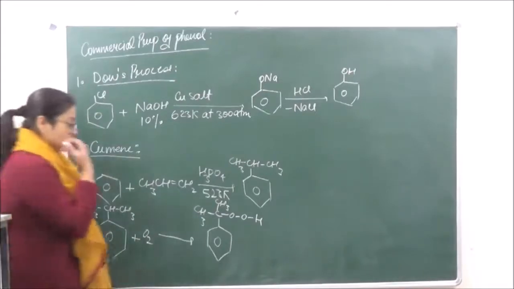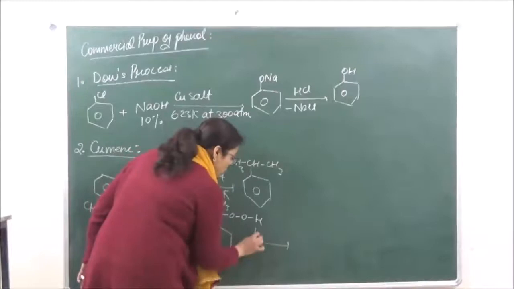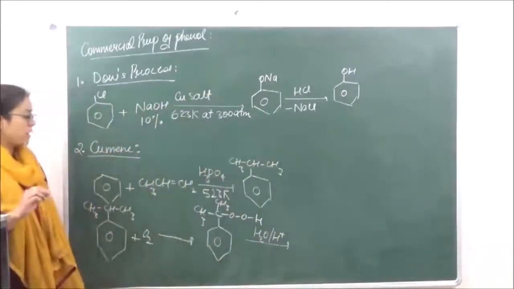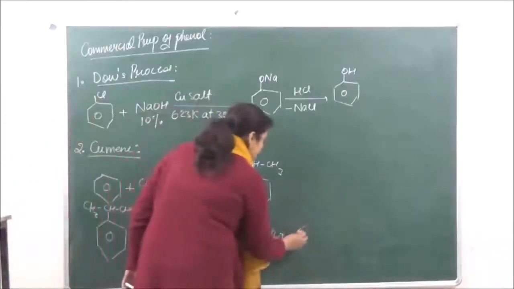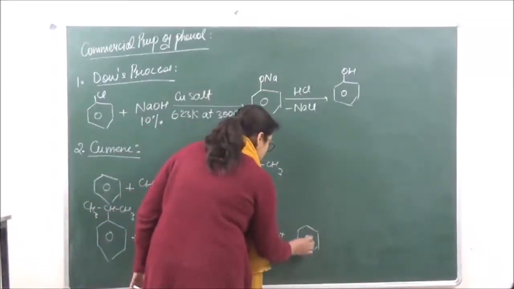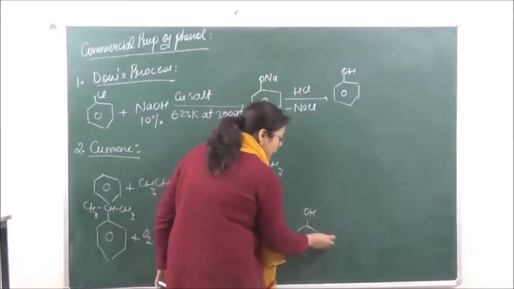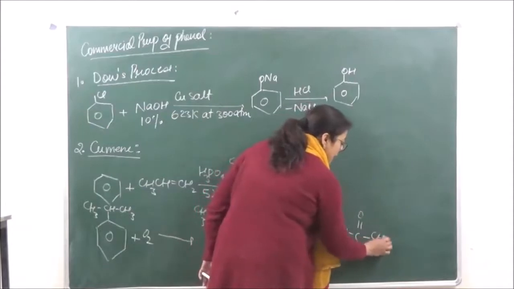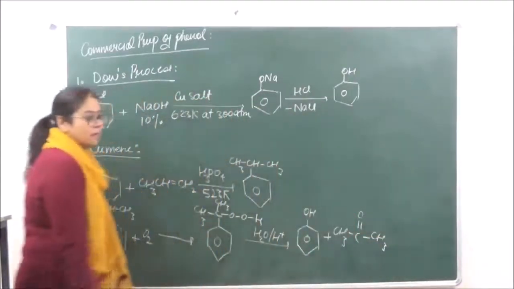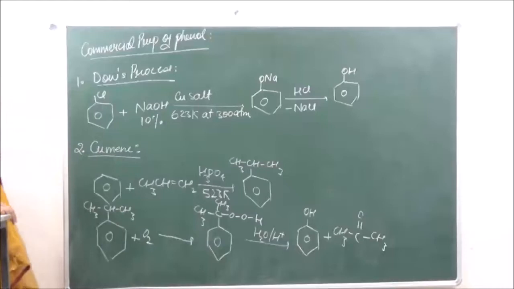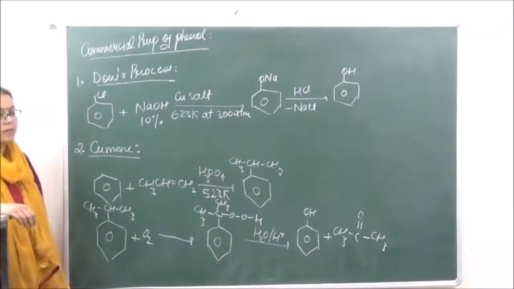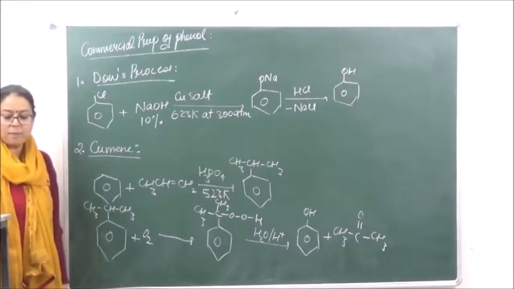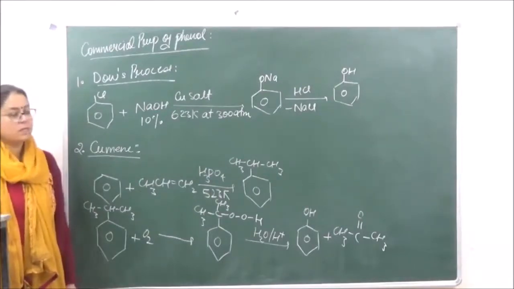After cumene hydroperoxide has been formed, we do the hydrolysis in presence of H+ to give us phenol and acetone as the side product. Acetone over here is going to be the side product. Okay, so this is another method by which we can prepare phenols commercially.